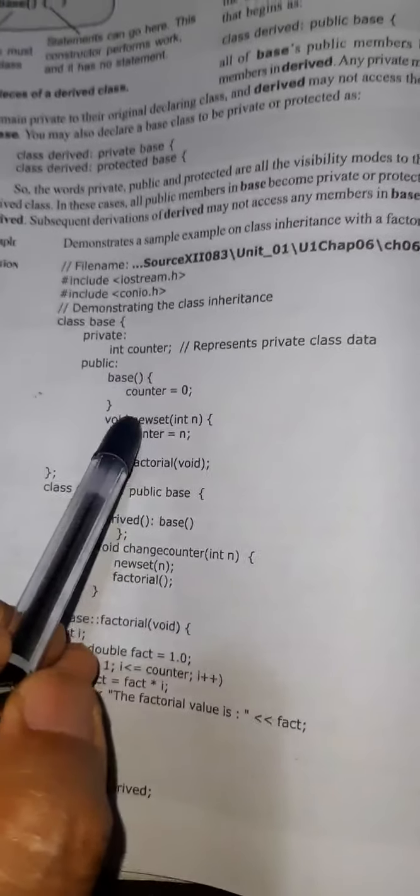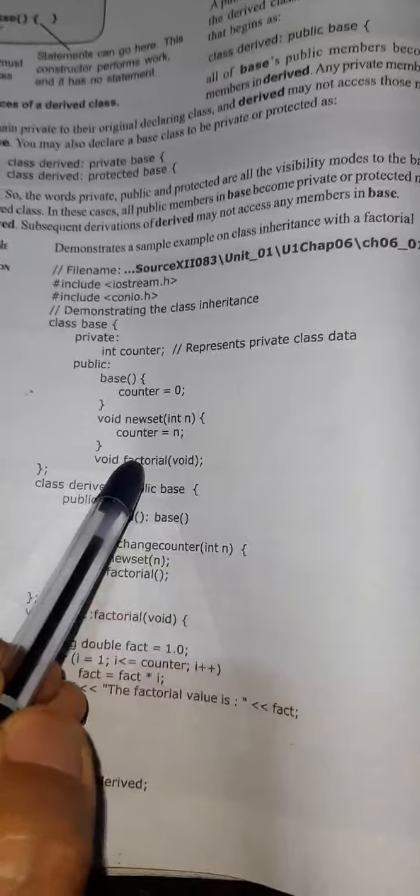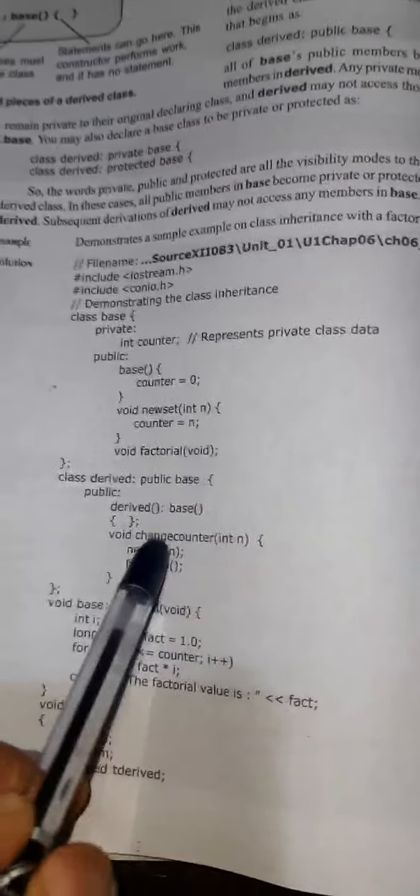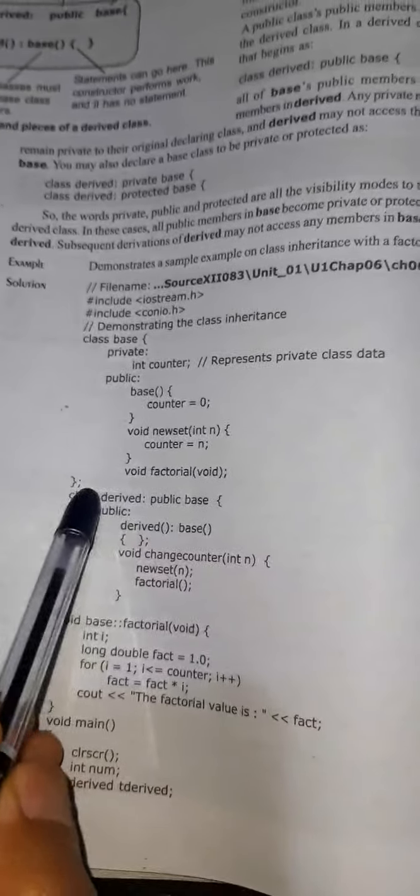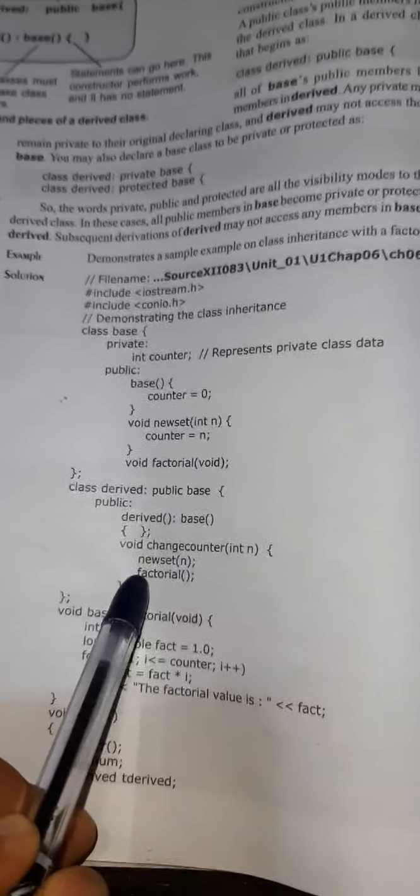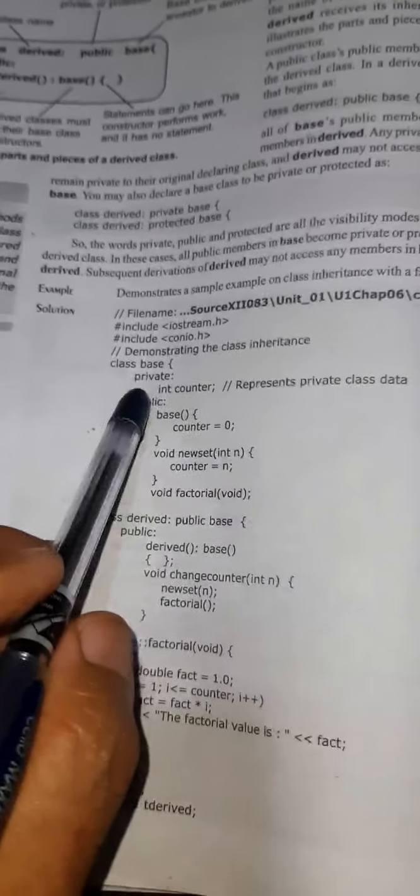For class base, this is the member function, and for class derived, it has its own member functions. So this derived class has its own member function, but it can also make use of the base class members, be it data members or member functions. In this case, the derived class has invoked the base class member functions, that is these two.